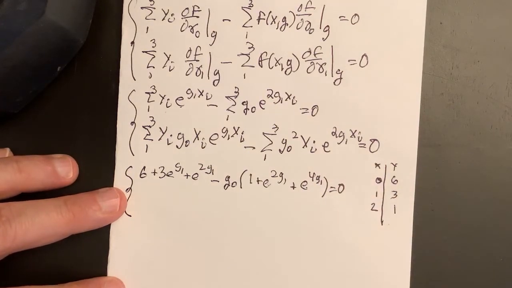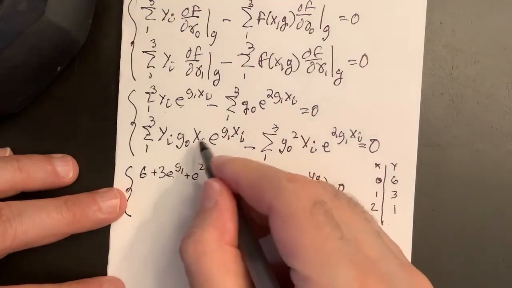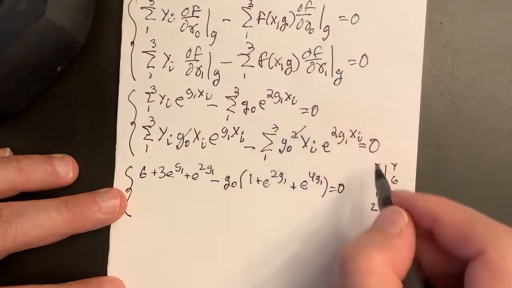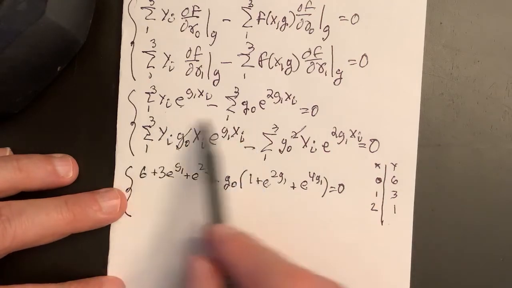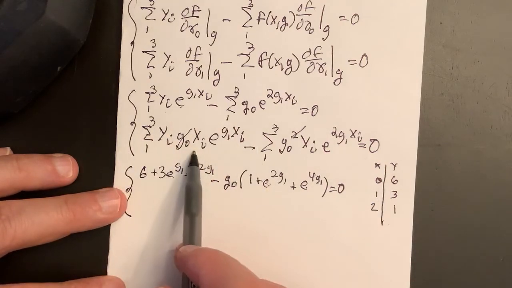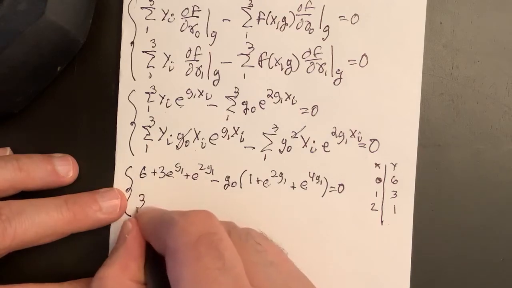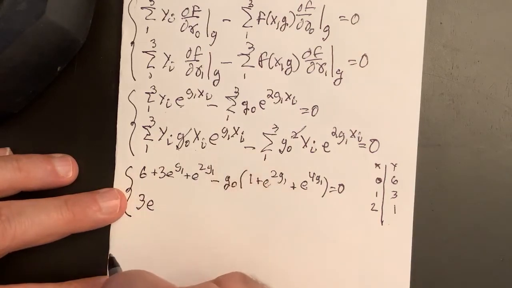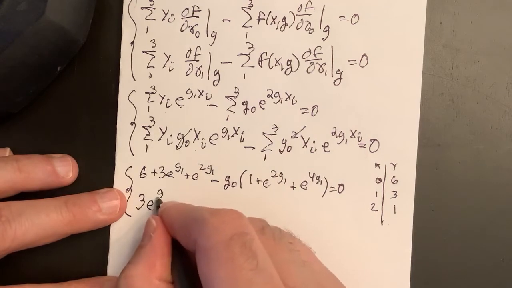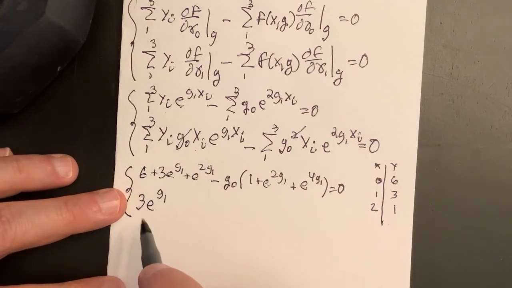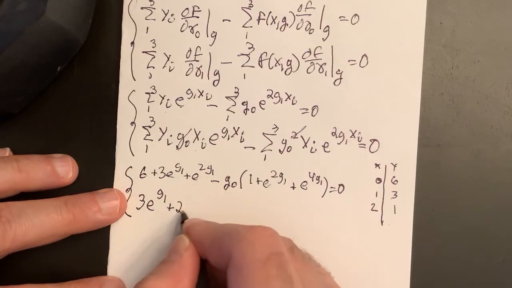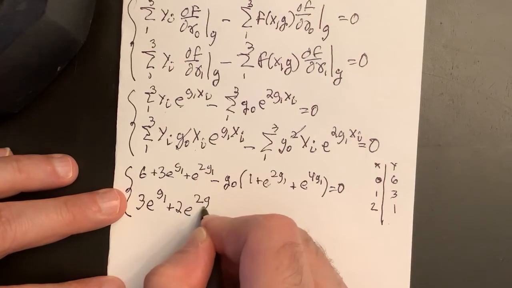If I do the bottom, one thing is I can take one of these g0s out and factor it out because I'm setting it equal to 0. So that goes bye-bye. When I put x0 in, I get 0 here. When I put x1 in, I get 3 e to the g1. When I put x2 in, I have 2 times 1, so plus 2 e to the 2g1.